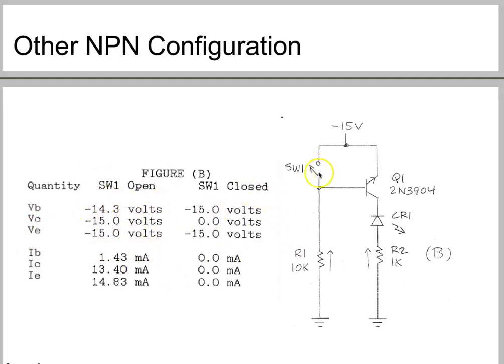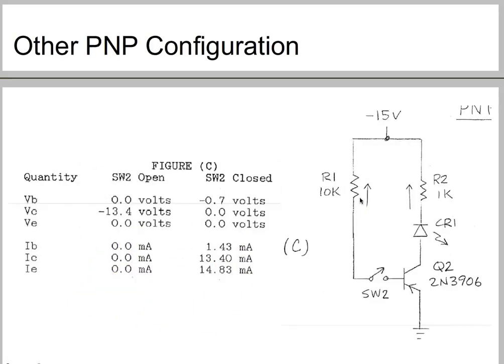When the switch is closed, the base voltage is 15 volts, VE is going to be negative 15 volts, and VC is going to be 0 volts because it's directly connected. There is no resistance here, so it will be in cutoff mode and there will be no current, 0 milliamps. When it is open, we'll get all these values.